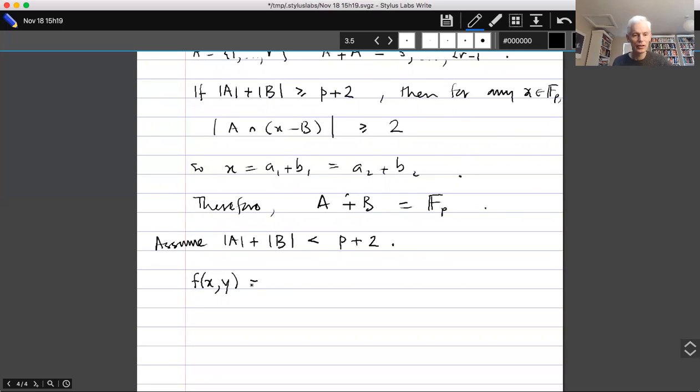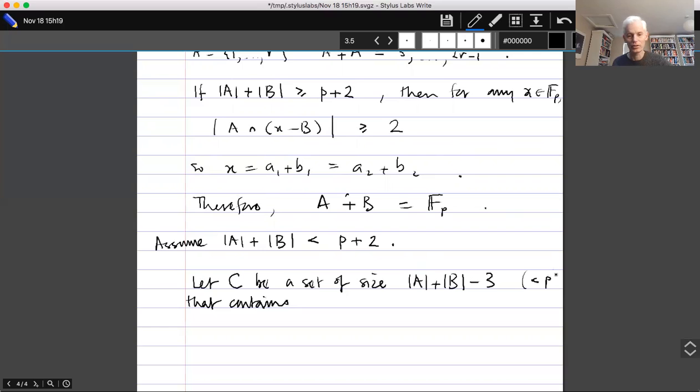So let us, first of all, let C be a set of size the size of A plus the size of B minus 3, and notice that that's less than p, but in fact it's less than p minus 1.